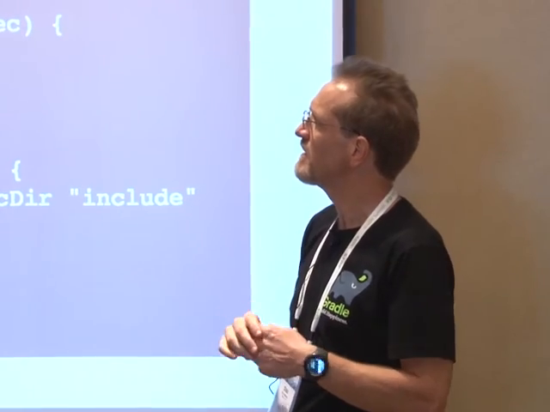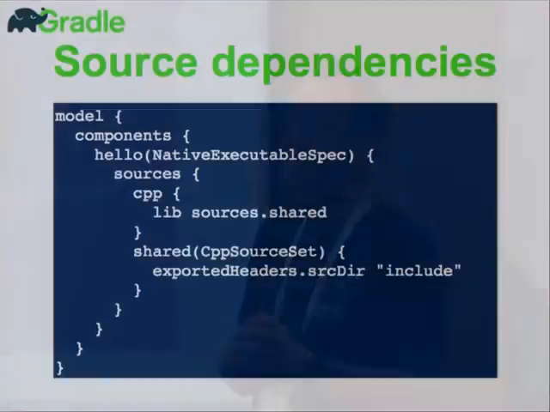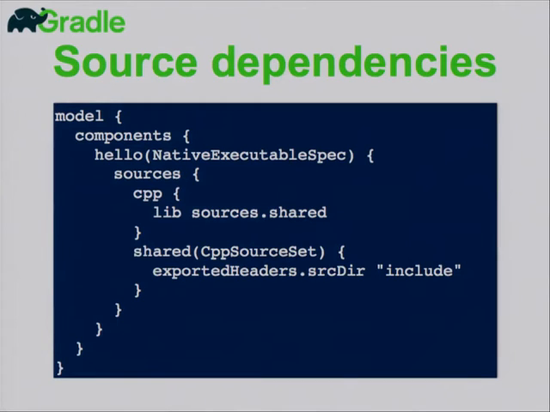So once we have source sets, we can have dependencies between source sets. A source set can have exported headers, and that means another source set might need those headers when it's compiling. So here's an example of dependencies between two source sets within the same component. We've got a native executable, the same. We have our sources container with two source sets, CPP and shared.